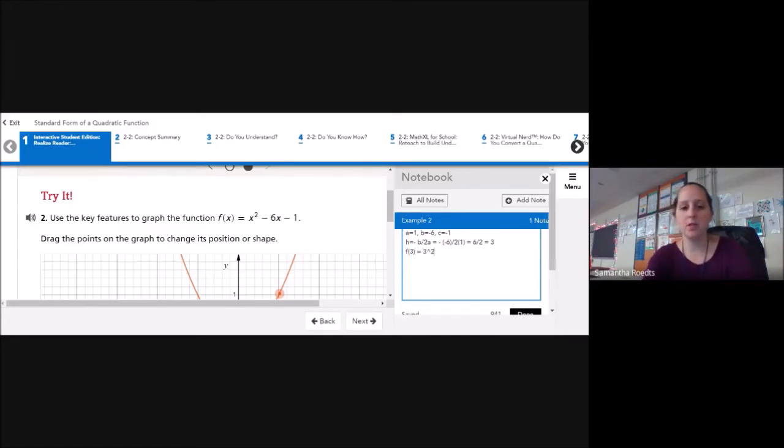So f of 3 equals 3 squared minus 6 times 3 minus 1. 3 squared is 9, 6 times 3 is 18, which gives me negative 10. So my vertex is 3, negative 10. My axis of symmetry is x equals 3.